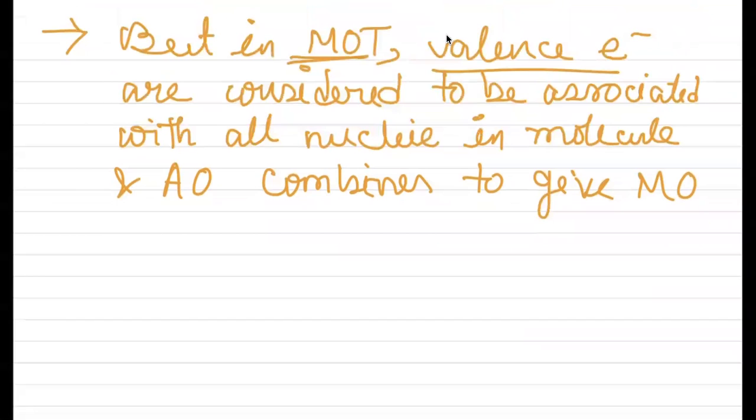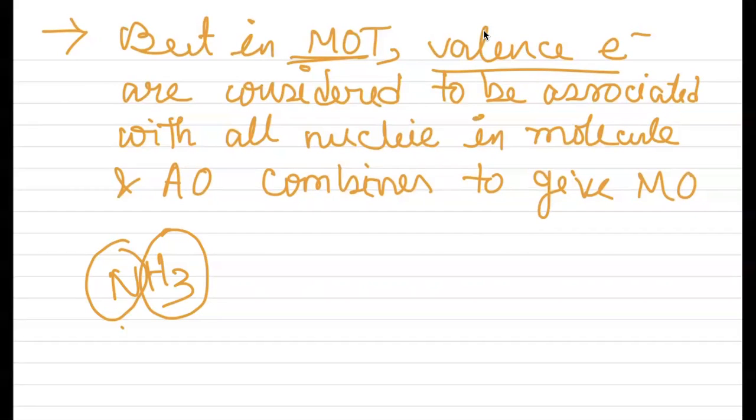Suppose I consider ammonia: the valence electrons of nitrogen, 5 valence electrons, and the valence electrons of hydrogen, 1 for each of the 3 hydrogens, are considered together.